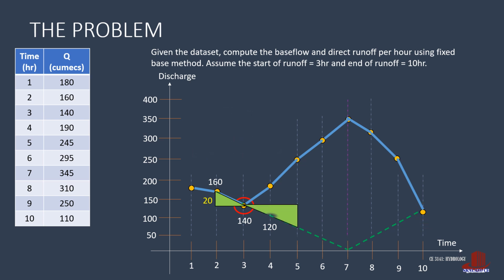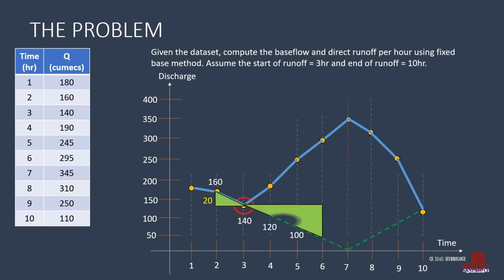At t equal to 5 hours, we take similar triangles, that is 20 is to 1 from the small triangle on the left, and equate it to y is to 2 hours, where y comes out as 40 cumex. So the base flow at 5 hours is 140 minus 40, giving 100 cumex.